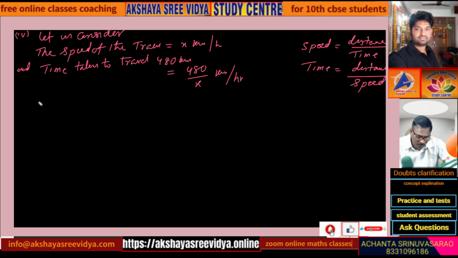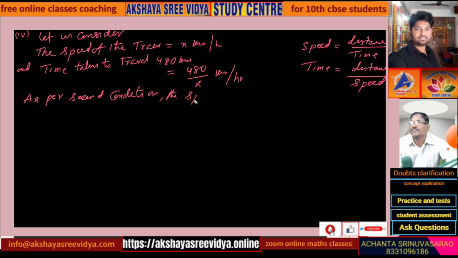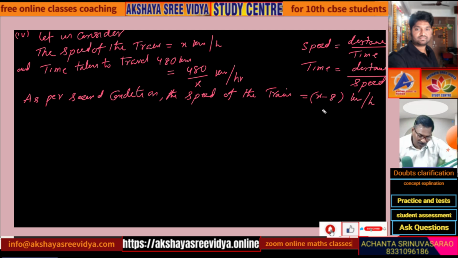As per the second condition, the speed of the train is equal to x minus 8 kilometer per hour.